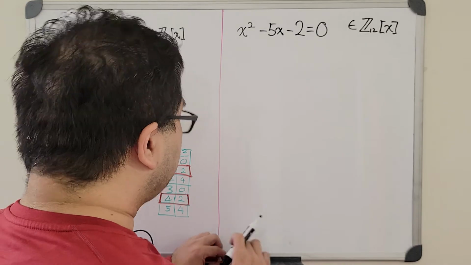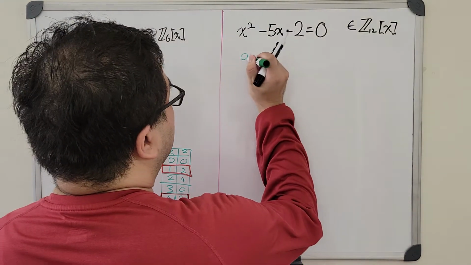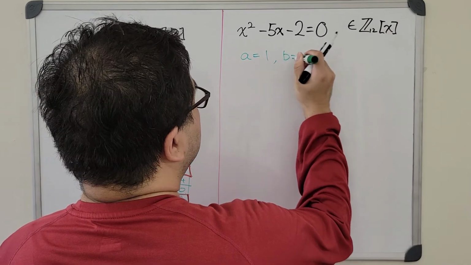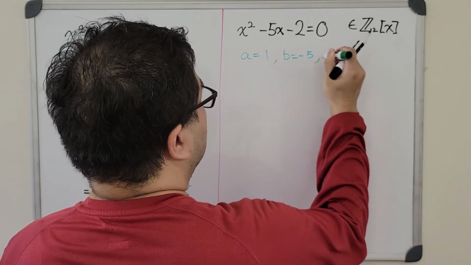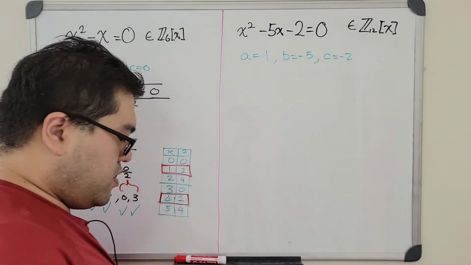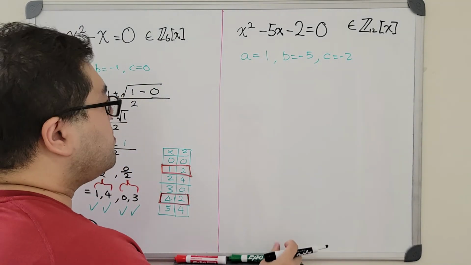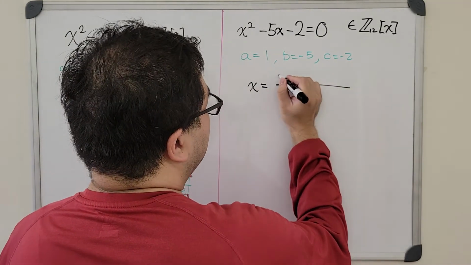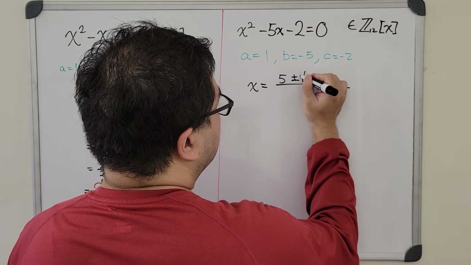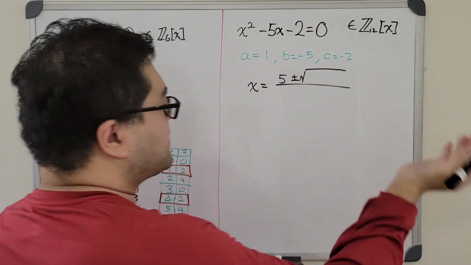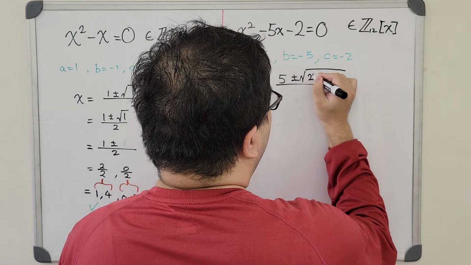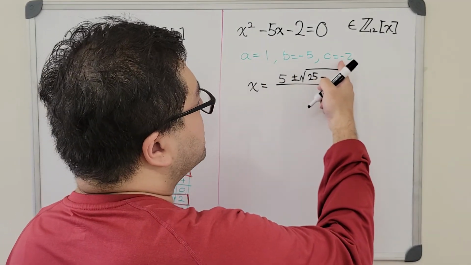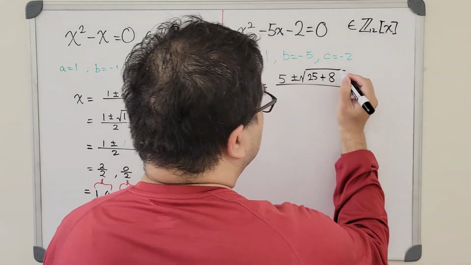So for a second one, we have our leading coefficient a is equal to 1. And then we have b is -5, c is -2. So if we use the quadratic equation, we'll get -b, which gives us 5, plus or minus the square root of -5 squared is 25, minus 4 times a, which is 4, times c, which is -8, so we get +8 here.